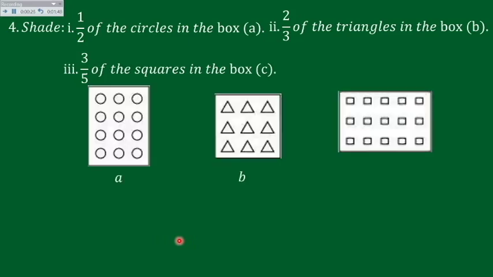Okay. So in the first, what we need to do? Half of the circles in the box. How many circles are in the box? First you calculate or count, then afterward half you shade it.